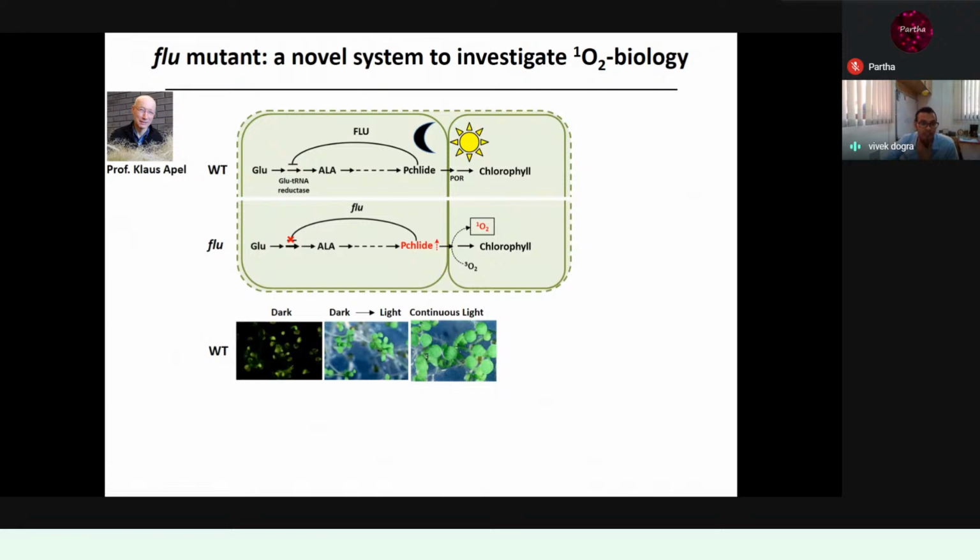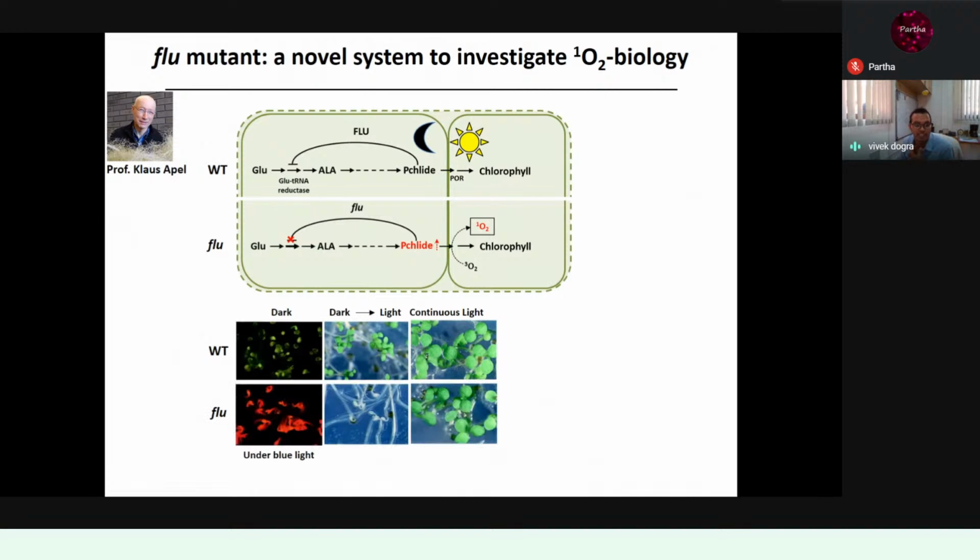However, if the FLU protein has a problem and loses its function, then there is no switch off in the night, the dark, and the tetrapyrrole starts accumulating in the dark. As soon as the light comes, they generate a lot of ROS, and that ROS is not good for the plant, and that kills the plant.